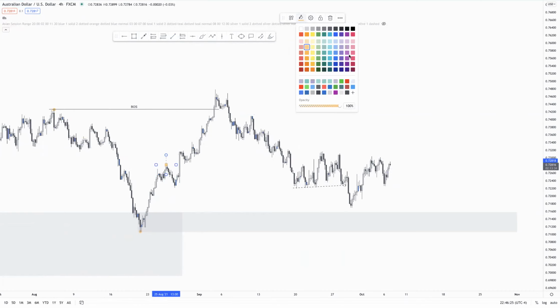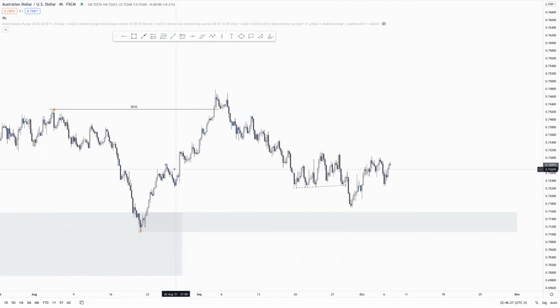Now let me change the color to purple. This is a high that produced this low. We break above it here, create a higher high, higher low, higher high, higher low, high, low, high. So after we create this impulsive leg to the upside, we break structure right here.